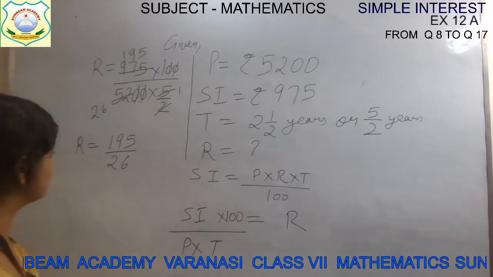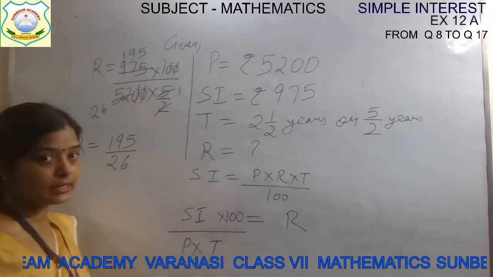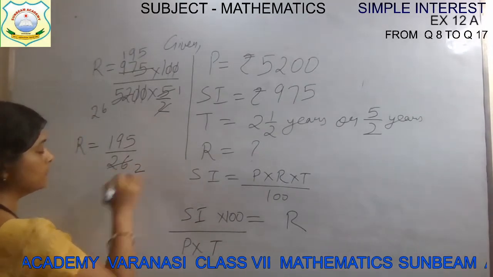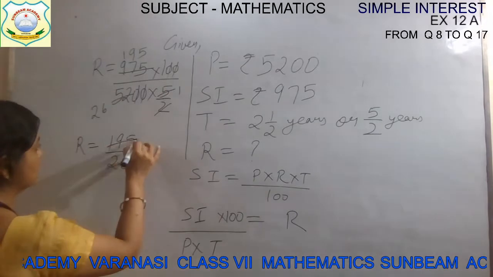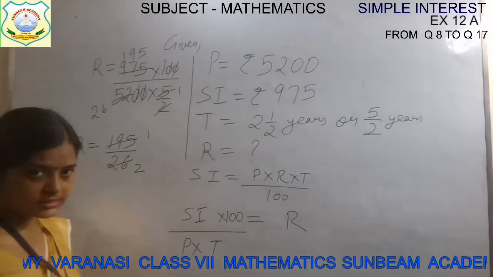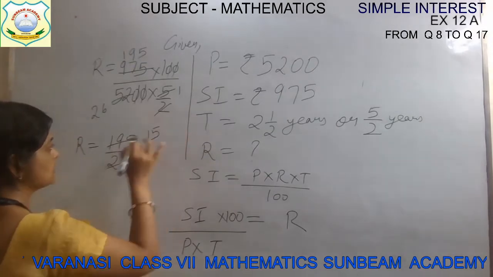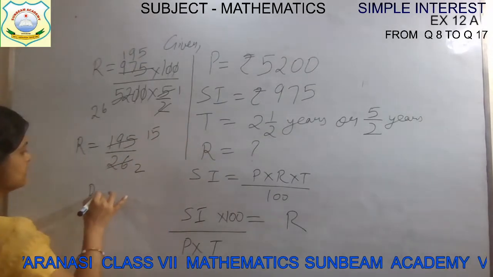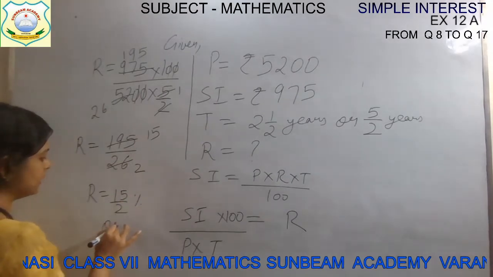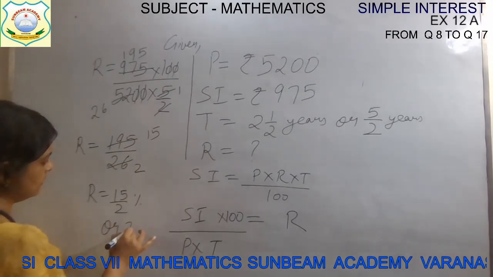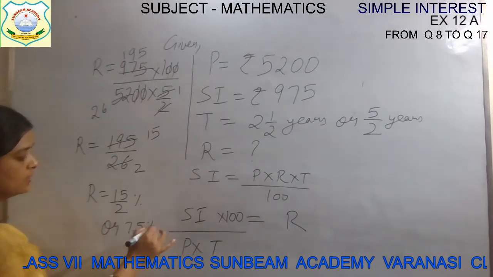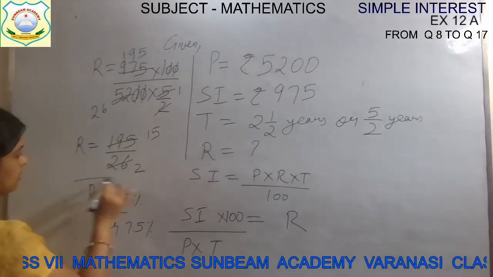Yes. It is 13 into 15. 13 2s are 26, 13 1 times is 13, how much is left? 6. That is 65, 13 5s are 65. So rate is equal to 15 by 2%, or you can write it as 7.5%. So this is your answer.